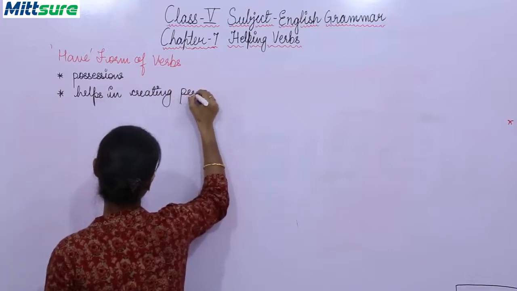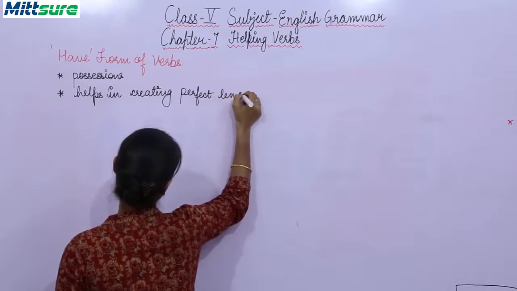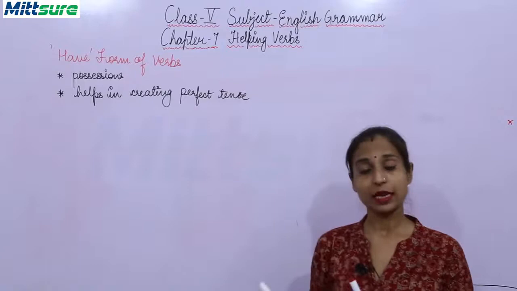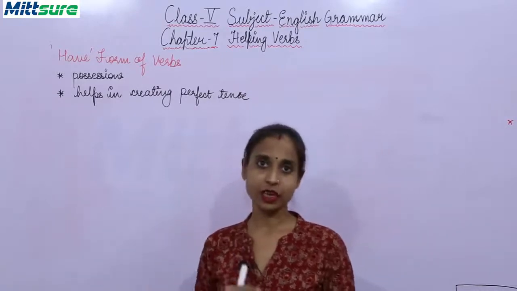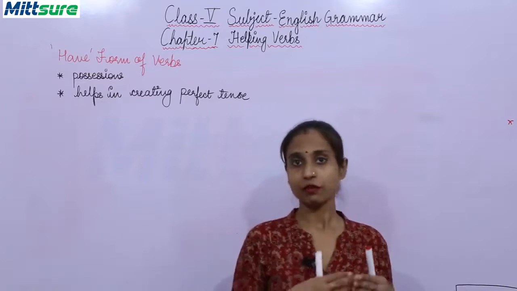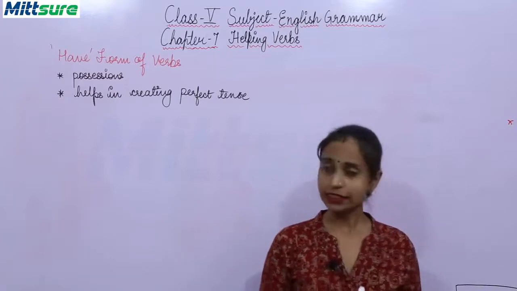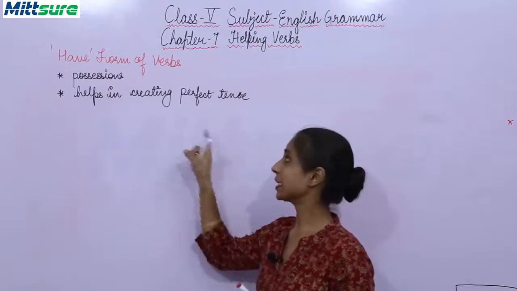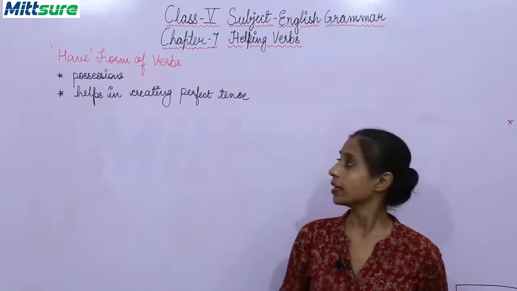Perfect tense, that means present perfect tense, present perfect continuous tense, past perfect tense, past perfect continuous tense, future perfect tense, future perfect continuous tense, like that. Fine. So have forms of verbs also help in creating perfect tenses. Understood?